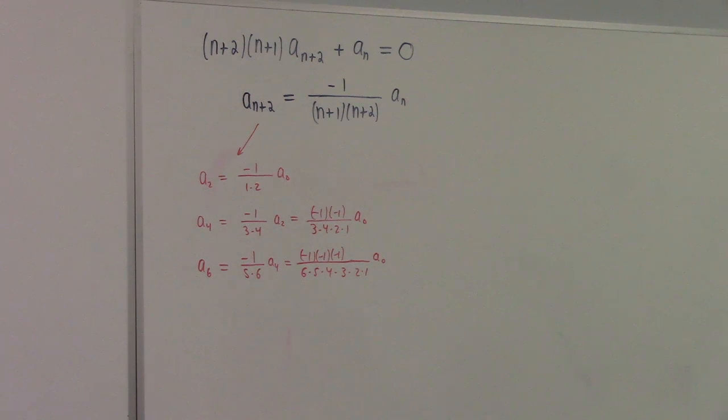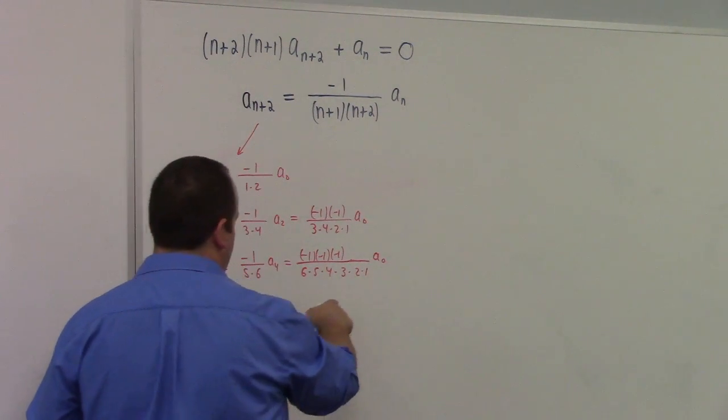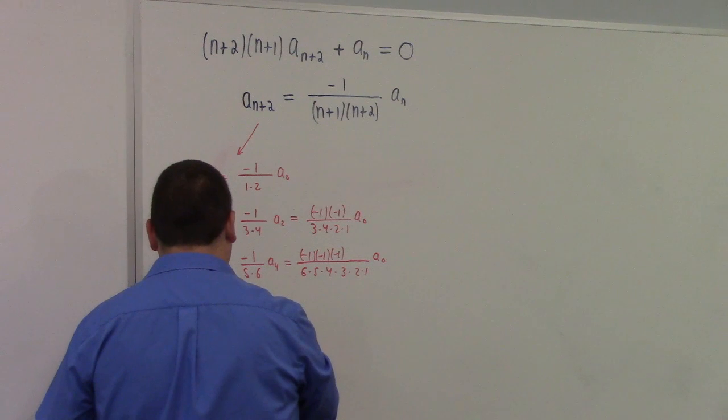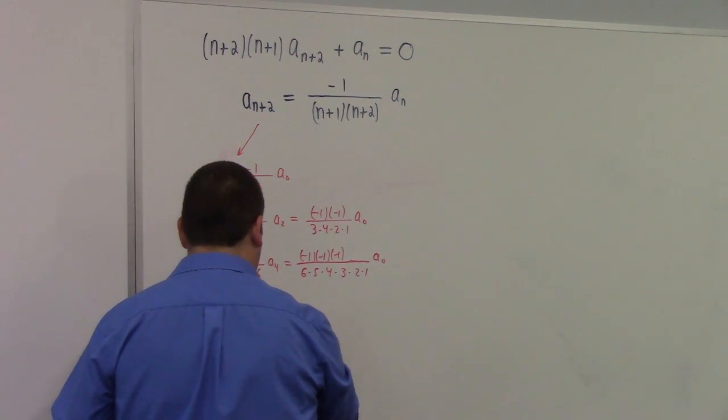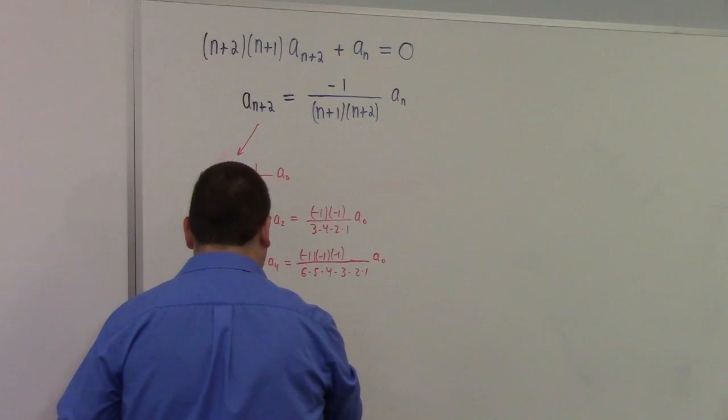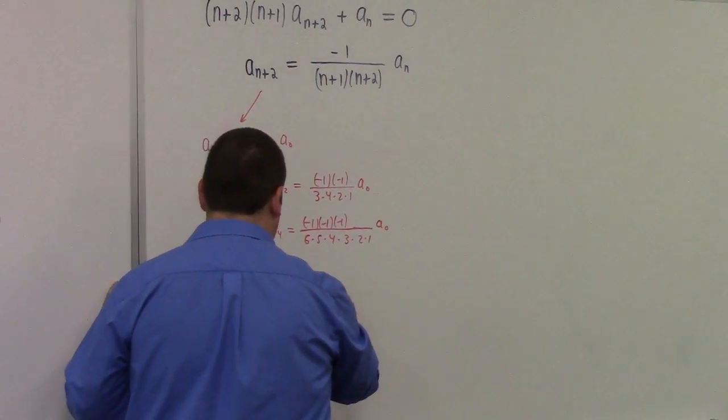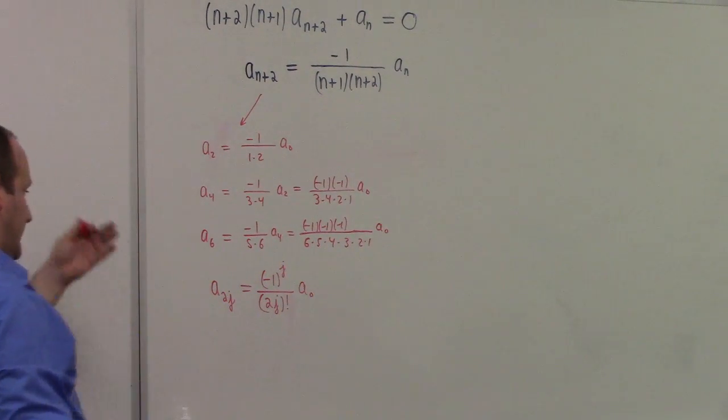And if you're a math major, you feel a deep-seated need to prove that the pattern is true by induction. But for you guys, you just notice the pattern and you write down the formula. So like this, I can see the pattern. The pattern is that a sub 2j is equal to minus 1 to the j divided by 2j factorial, all times a sub naught. Those are your even terms.